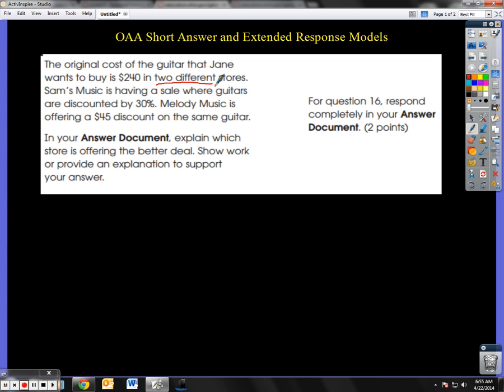I noticed that at both stores, the original price was $240. So Sam's Music is offering 30% off of $240. Now Melody Music is offering just a $45 discount. Explain which store is offering the better deal, and then show work or provide an explanation.